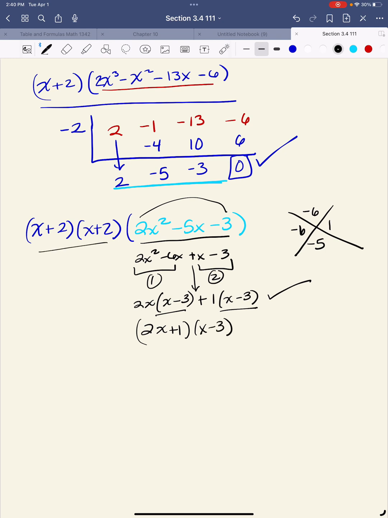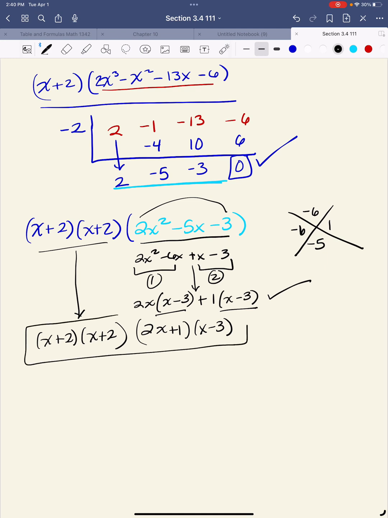But we can't forget that we had 2 factors of x plus 2. So our 4th degree polynomial that we started with has now been factored completely. And we see that we have x plus 2 squared because we have 2 factors of it. We have a 2x plus 1 and an x minus 3.